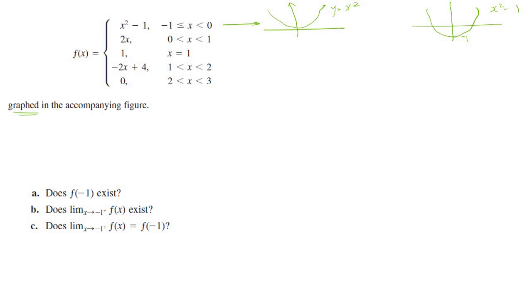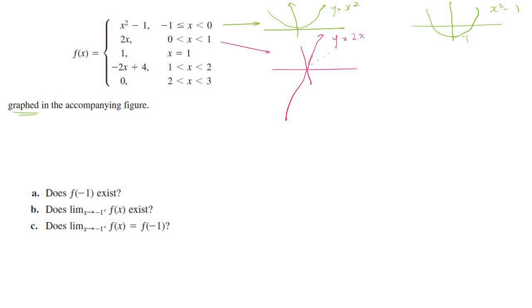Let's look at the next graph, 2x. So 2x does not have an intercept, but it does have a gradient. If this is x, 2x would be of this nature, y equals 2x. So for every x, y rises up twice as much.